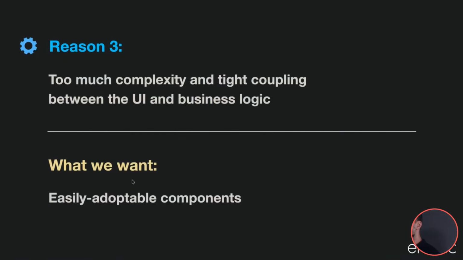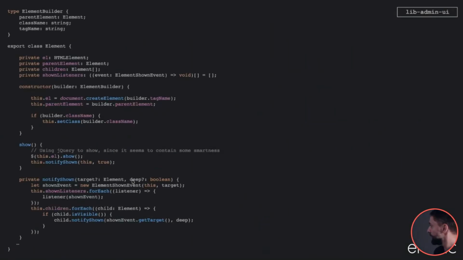We want you guys to be able to use them in a simple manner, to build widgets that look fitting in the admin, right? That resemble Content Studio. So this is one of the examples.